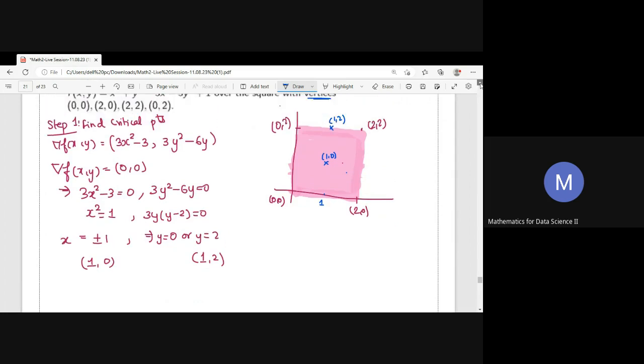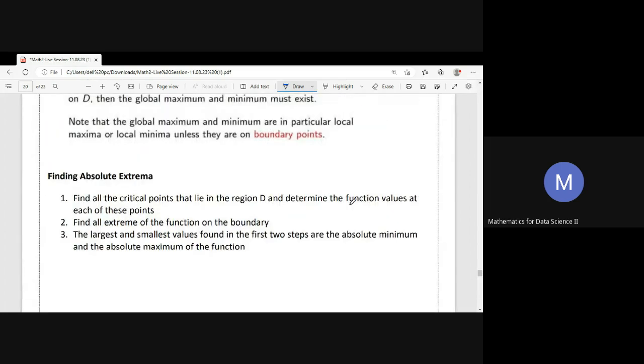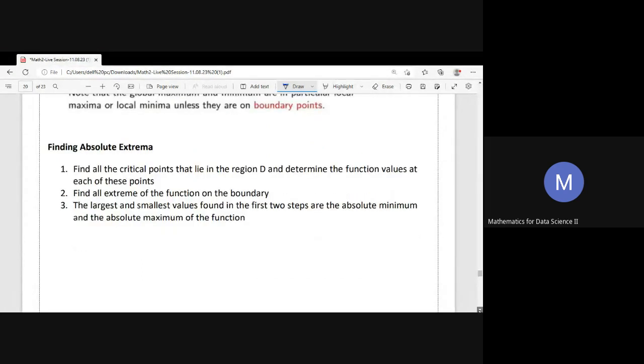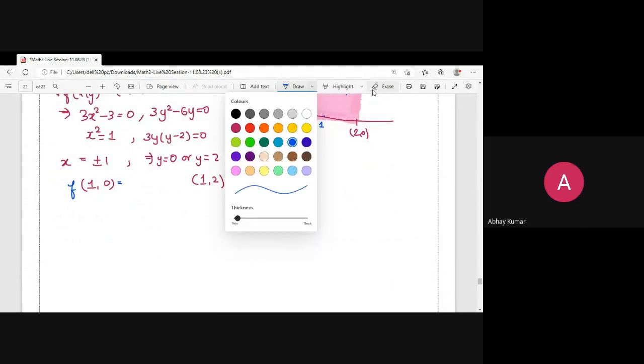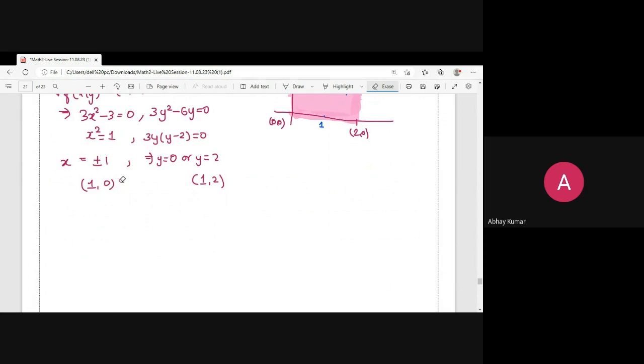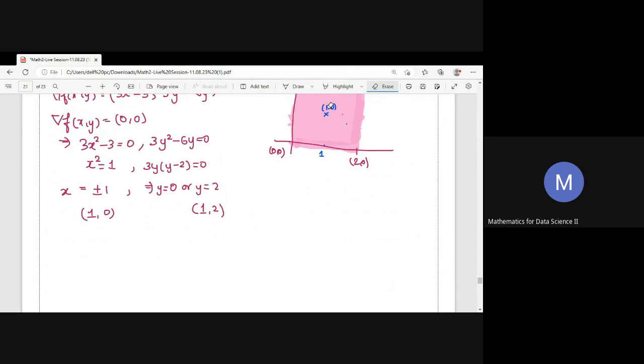So also remember what is there in step 1. Determine the function value at each of these points. So let us find the function value at each of these points. What is f of 1 comma 0? Sorry, I don't know why I put this one.